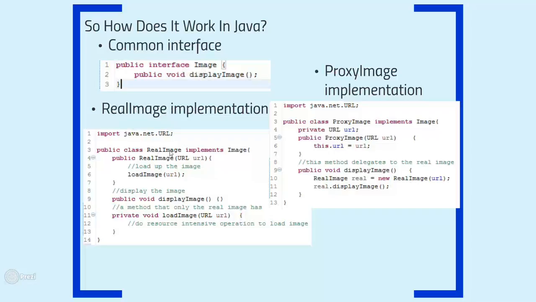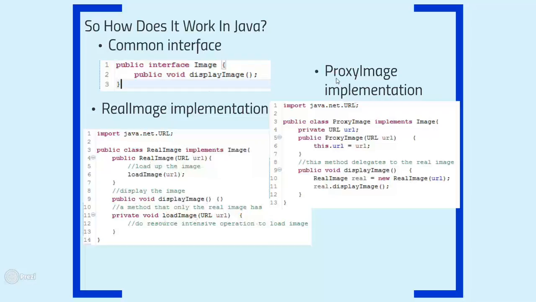This RealImage class implements Image and has a RealImage constructor which loads up the image, and has the same display image method. And we have another method which is only in the RealImage class, which is loadImage. This can handle the resource-intensive operation.